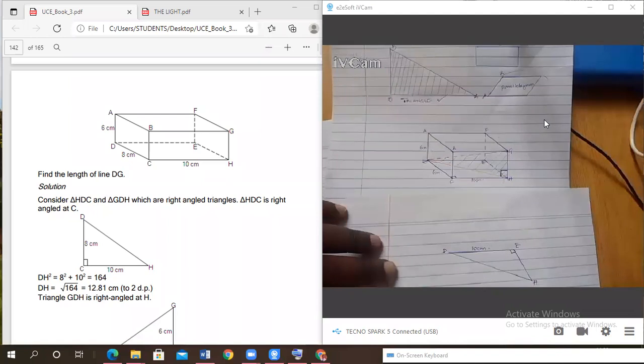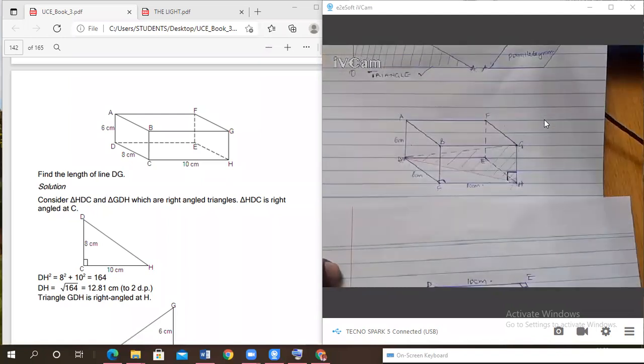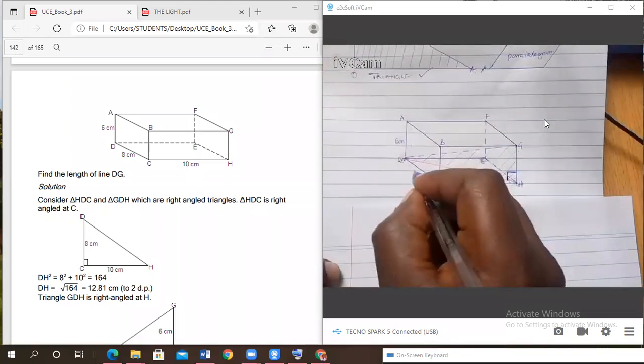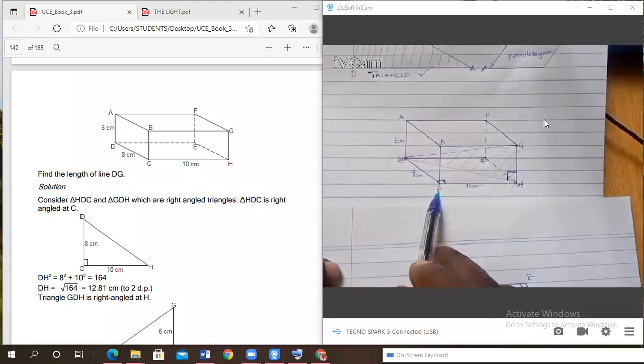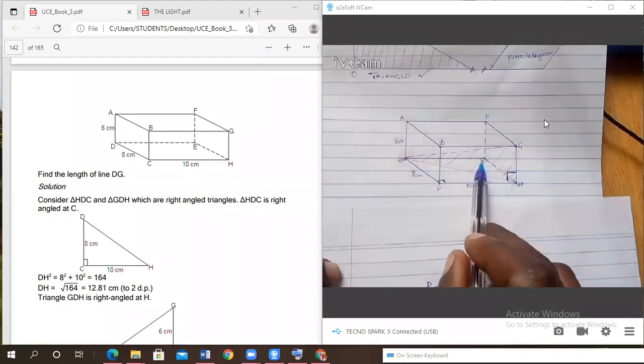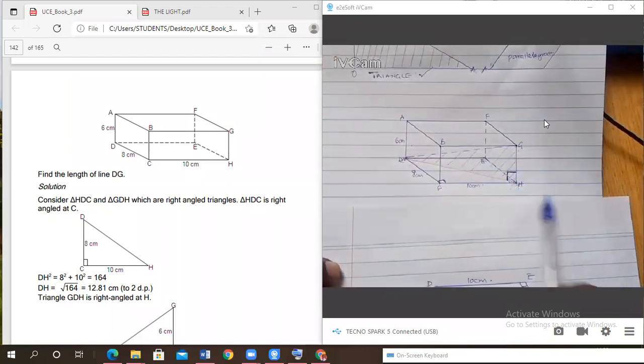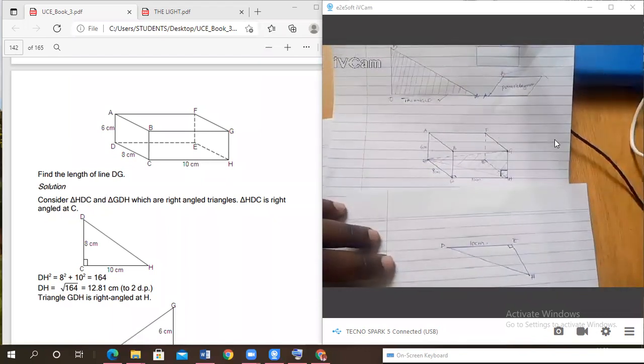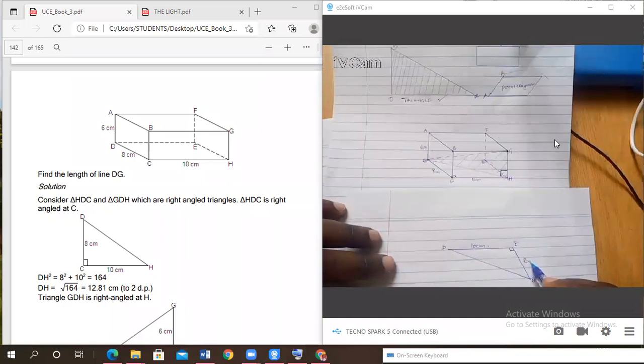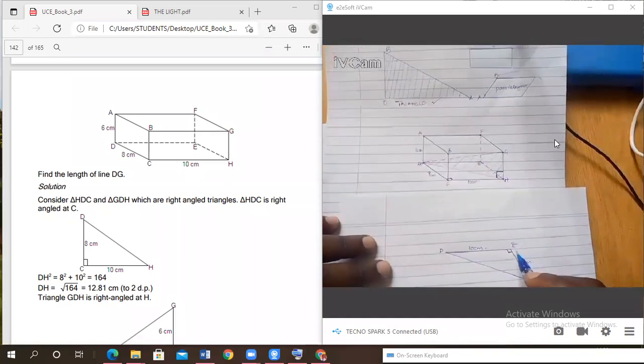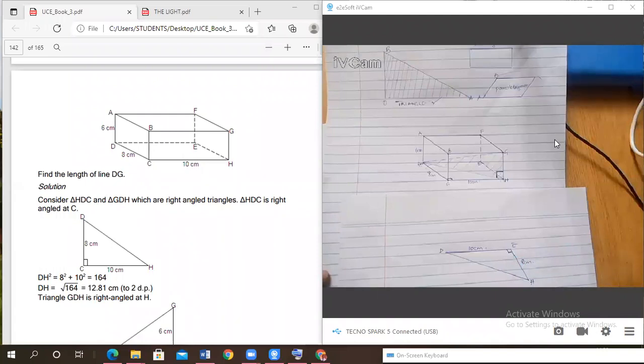And also, let us take a closer look there. If DC is 8, it means that also EH is 8. So I'll write 8 centimeters there. Okay. So now what I'm left with is to find the value of DH using Pythagoras theorem.